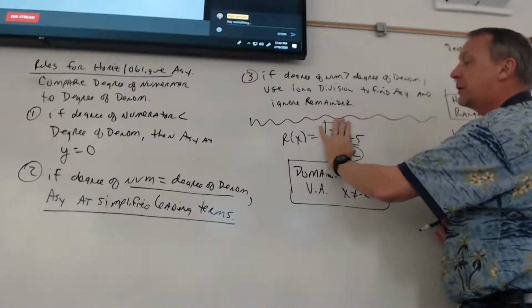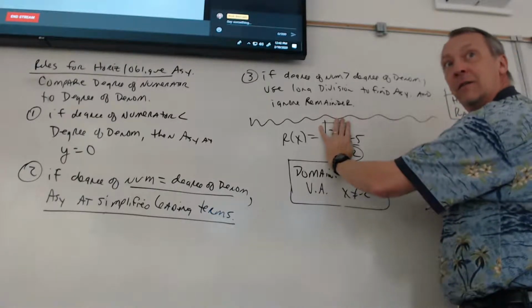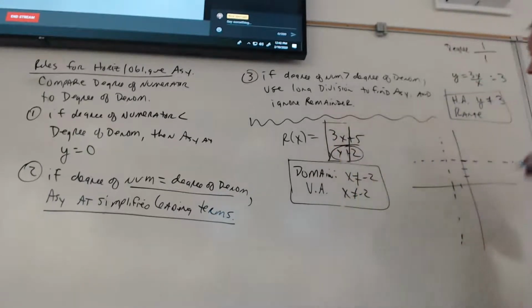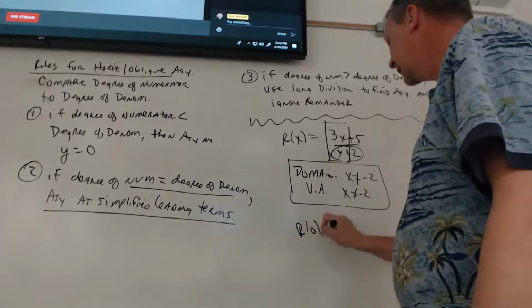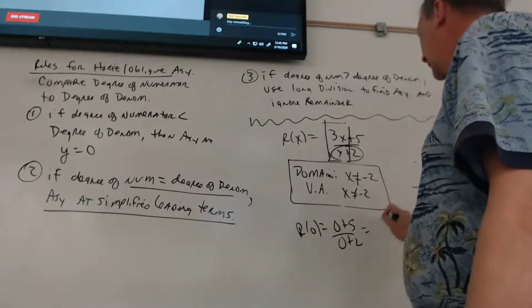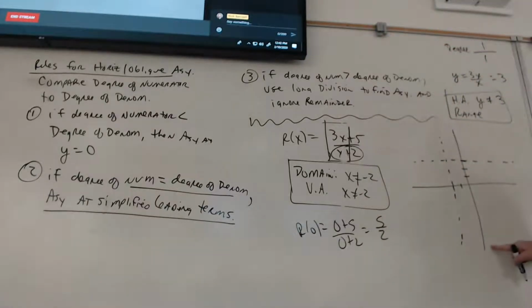Because if x equals 0, then that goes away, right? So what's left? It's actually positive 5. So when x equals 0, r of 0 equals 0 plus 5 over 0 plus 2, which equals 5 halves, which is 2.5, right? So when x equals 0, y equals 2.5, which is right there.